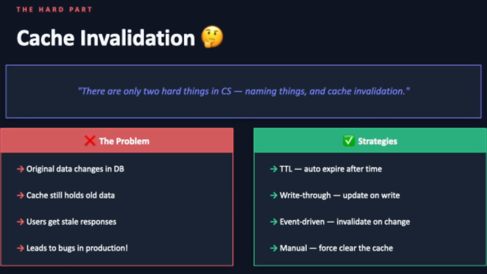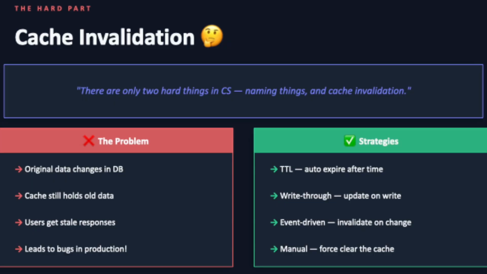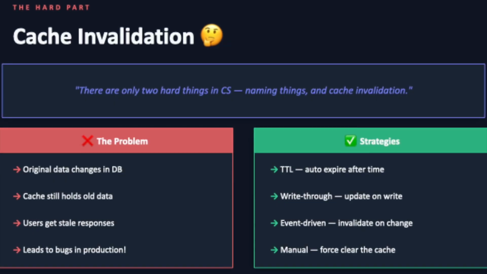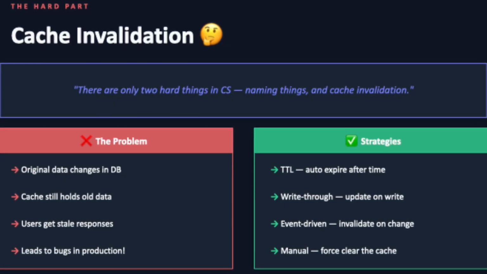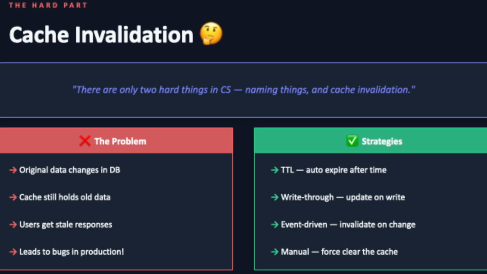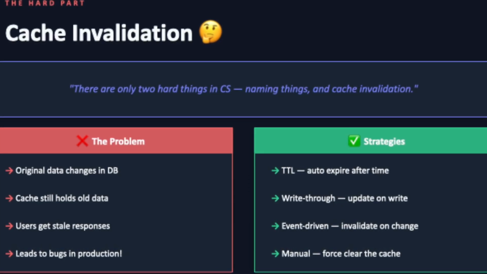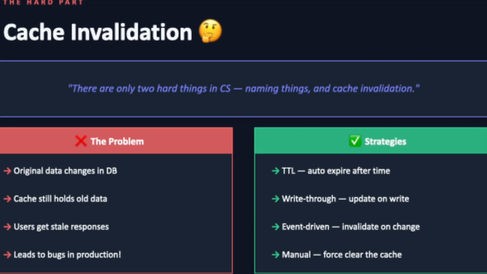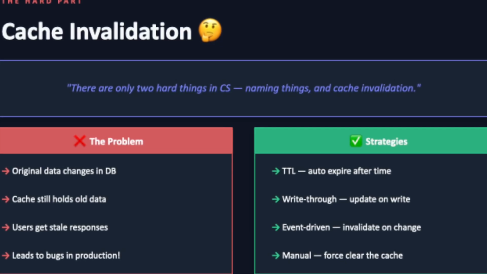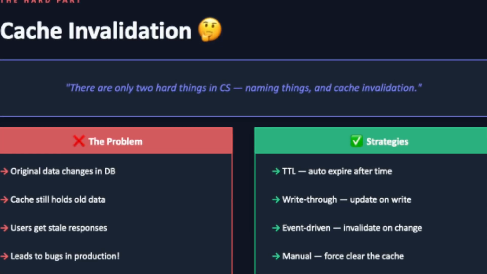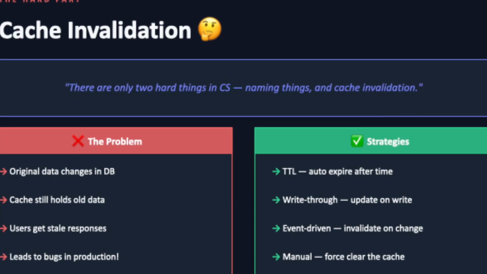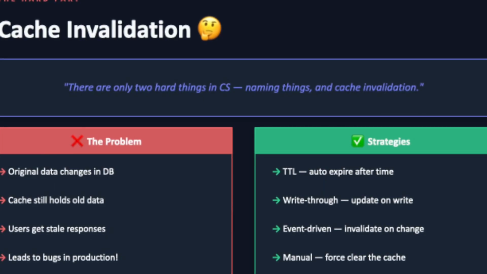There are a few strategies to handle this. TTL, just let the data expire on its own. Write through, whenever you update the database, you update the cache at the same time. Event driven, trigger a cache clear whenever a specific change happens, or manual invalidation, force clear the cache when needed. Each approach has trade offs. There is no single perfect solution, it always depends on your system's requirements.